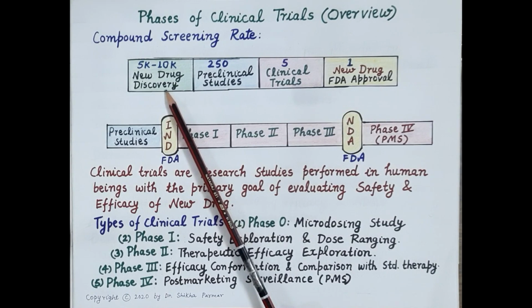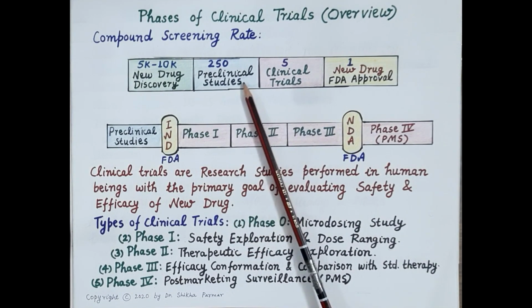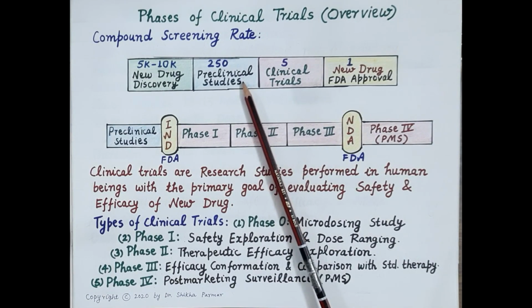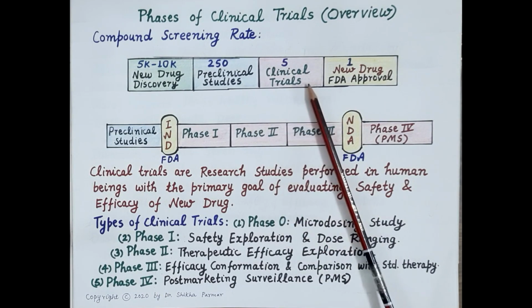During drug discovery, around 5,000 to 10,000 active compounds are screened. Out of these, the majority of compounds are rejected, and around 250 active compounds are selected and further screened by preclinical studies. By the end of preclinical studies, around 5 potential drug candidates are identified, which are further screened and evaluated during the clinical trials.